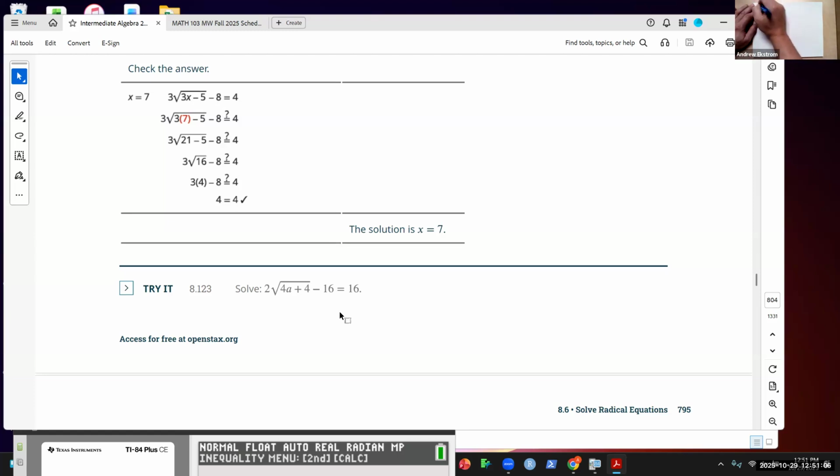So we're going to do this one 2 times. So 2 times the square root of 4a minus 4 minus 16 equals 16. Like I said, we're going to do this 2 different ways.